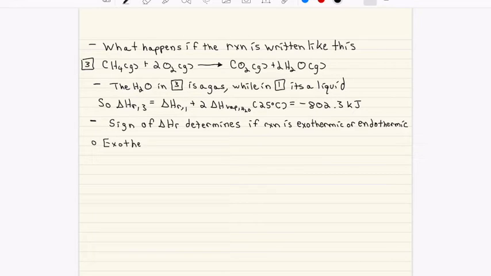The term exothermic is a Greek word, and what it means is that the energy transfer of your overall reaction results in energy being released from the system. So an exothermic overall reaction releases energy from the system.